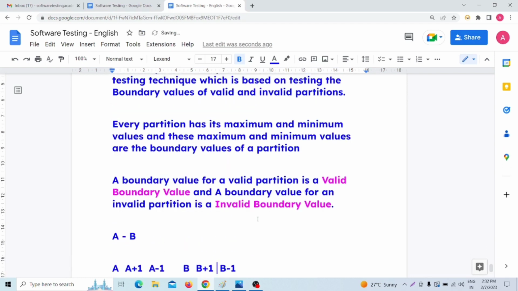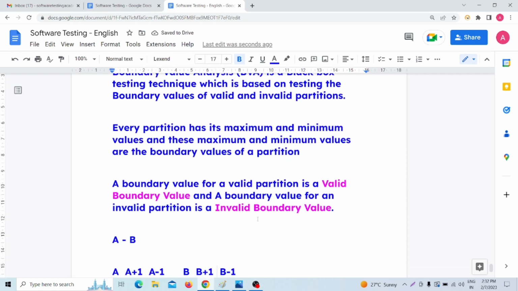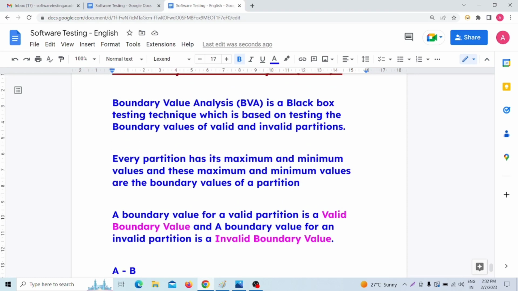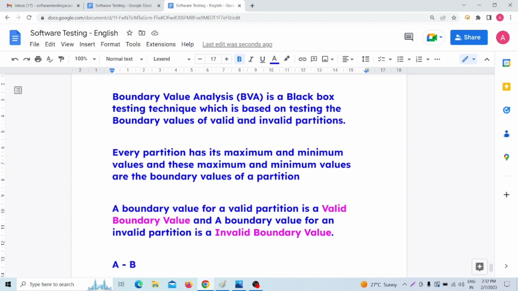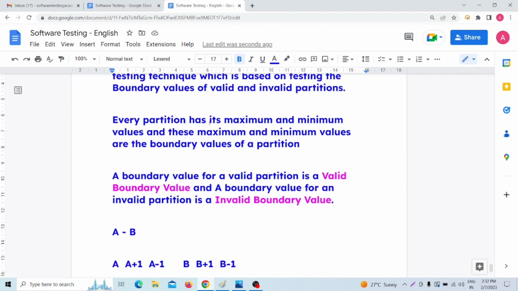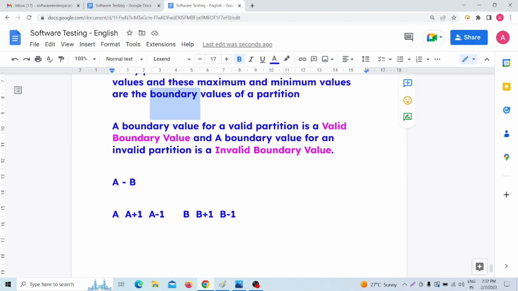Now just look at the definition of boundary value analysis that I have discussed. It is a technique based on testing the boundary values of valid and invalid partitions, and every partition has its maximum and minimum values, which are the boundary values of a partition.